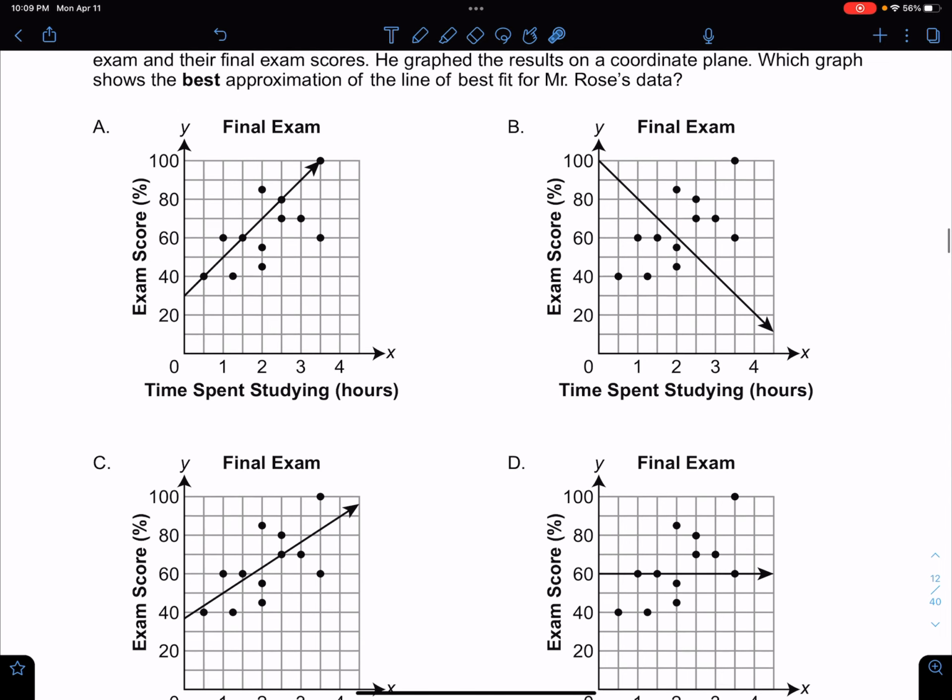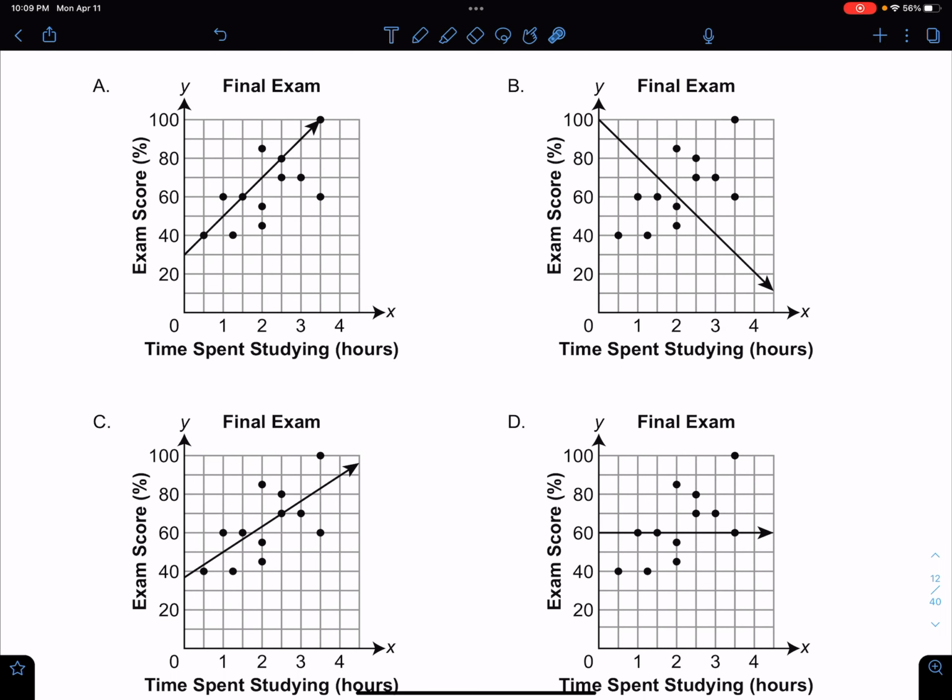So I look at all these graphs, and my first step, a good test taking strategy, is I say, which of these do not make sense? B cannot make sense, because if I look at all these dots, look how far off they are from the actual line. So I know it can't be B. I also know it can't be D, because I have all these dots just way over here, and my line's right here.